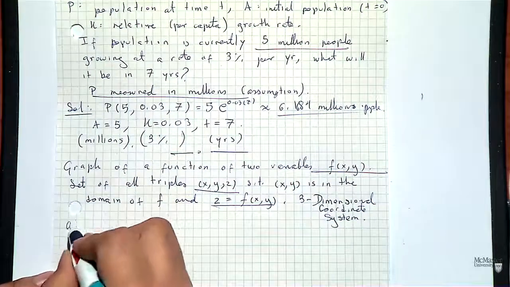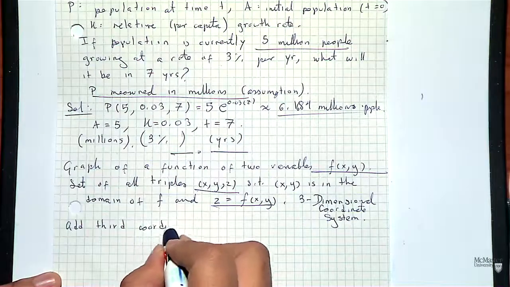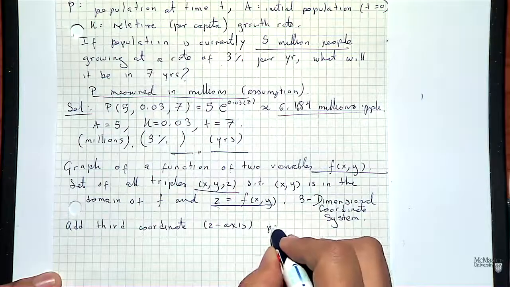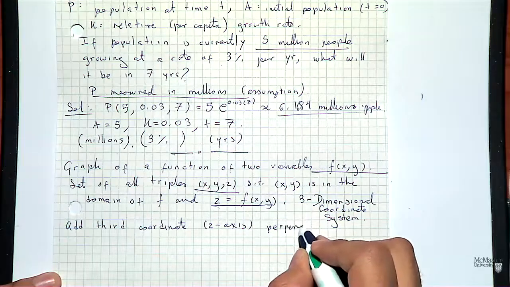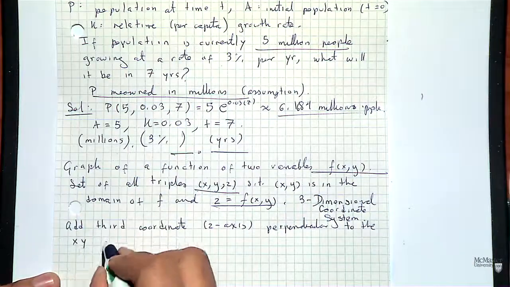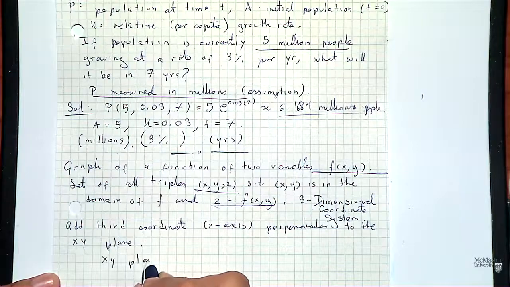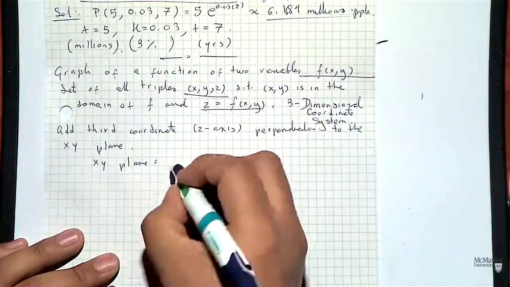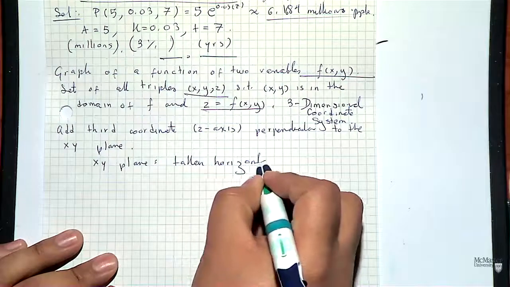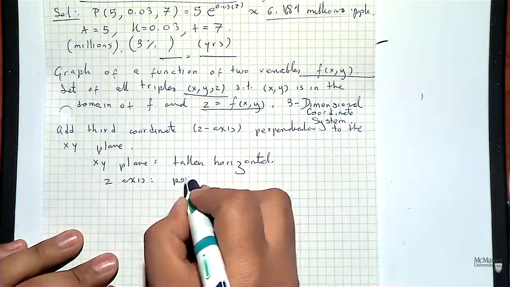Now, the clarification is that you add a third coordinate, which is the z-axis, which graphically is perpendicular to the xy plane. And the xy plane, in the convention, is taken horizontal, and the z-axis points up.